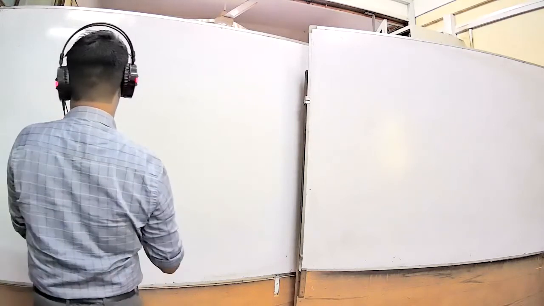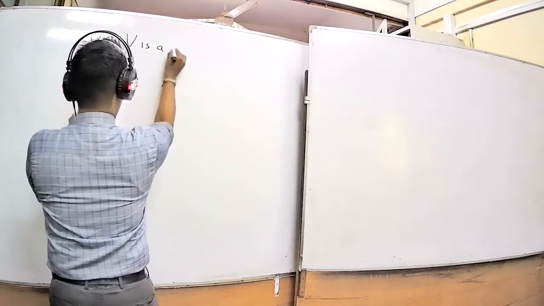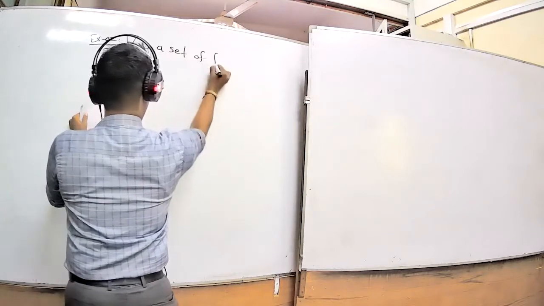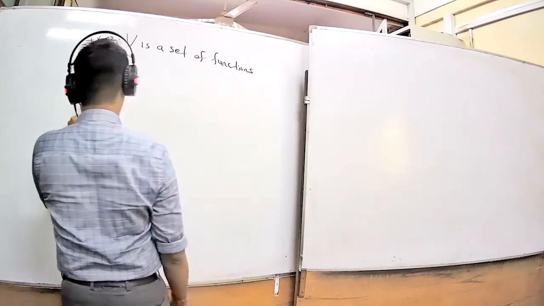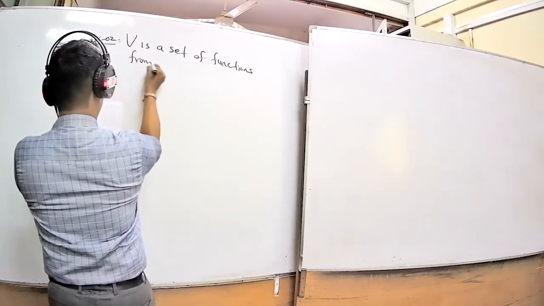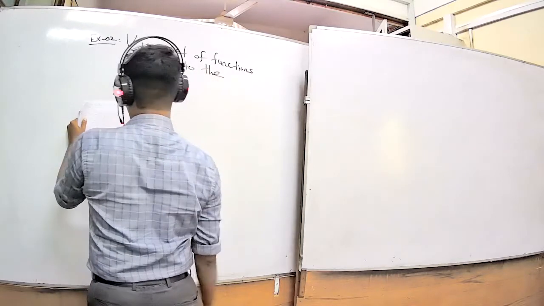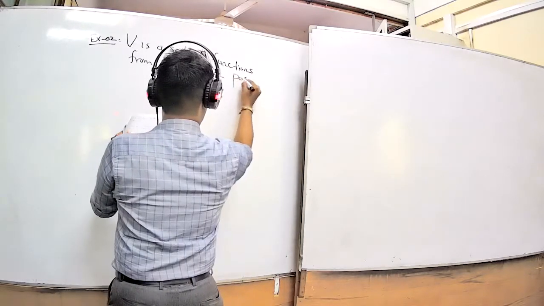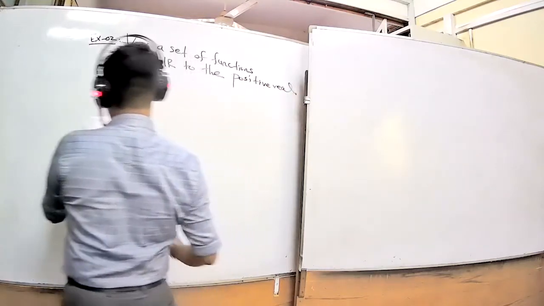V is the set of functions from real numbers to the positive real numbers.